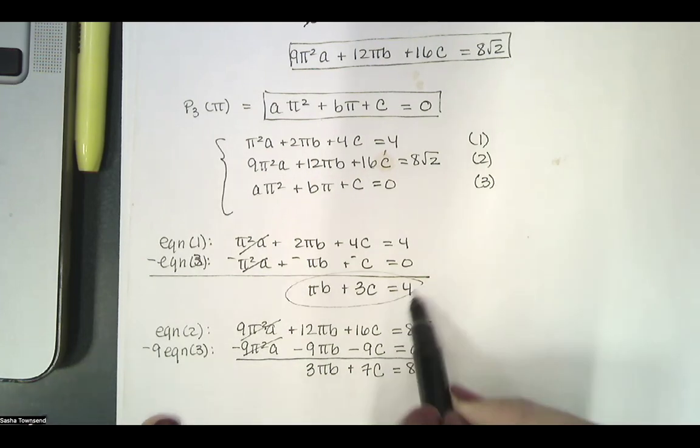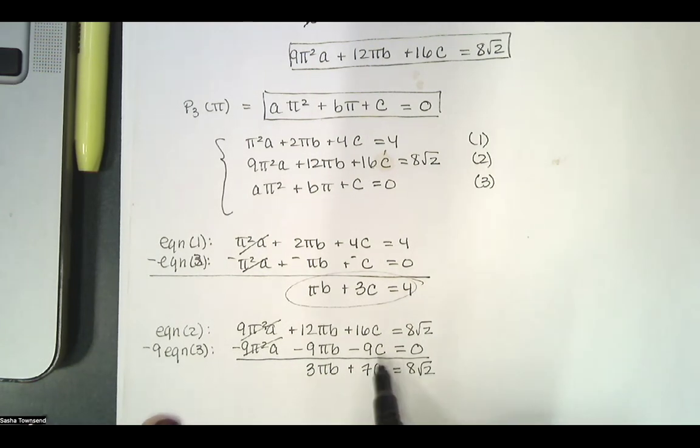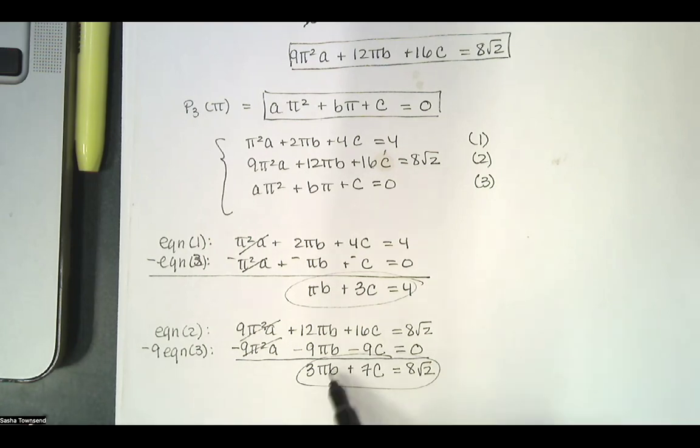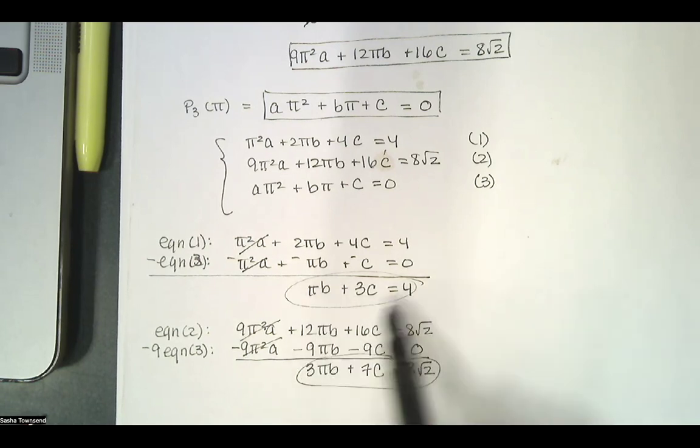Okay, so now we took our 3 equations with 3 unknowns, and we are down to 2 equations with 2 unknowns. I've got a pi b and a 3 pi b. So to get rid of one of the variables, I'll choose to get rid of the b's, because if I multiply this equation by -3 and add them together, then the b's will be gone.